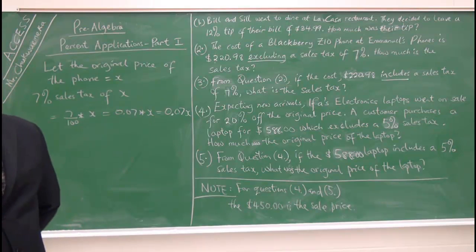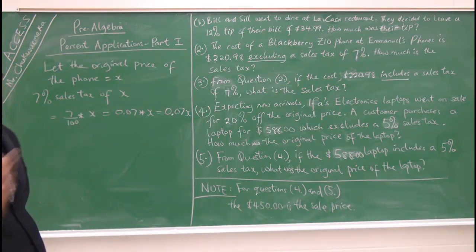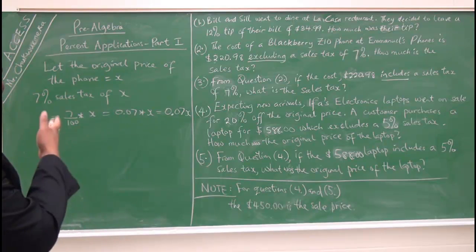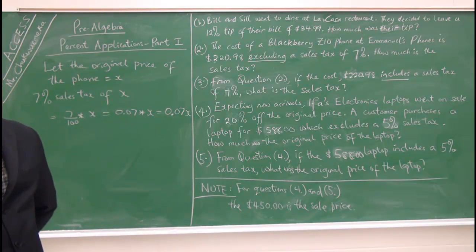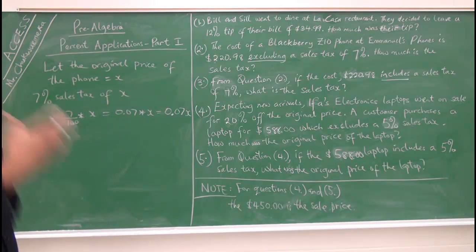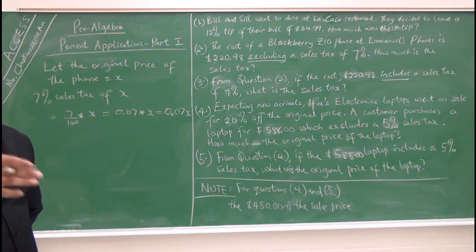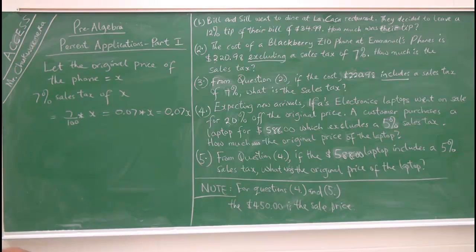Now, we don't know the original price of the phone. We call it a variable, X. So we get the 7% sales tax of that X. It gave us 0.07X. So the price of the phone plus the sales tax gives us $220.98.